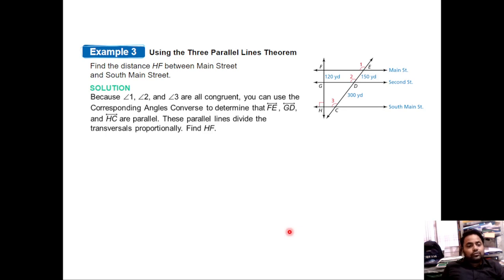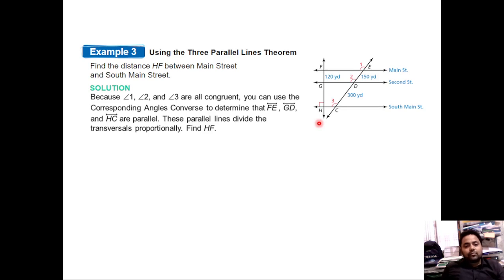And now you can use the corresponding angles converse to determine that FE, GD and HC are parallel. These parallel lines divide the transversals proportionally, and we have to find the value of HF.